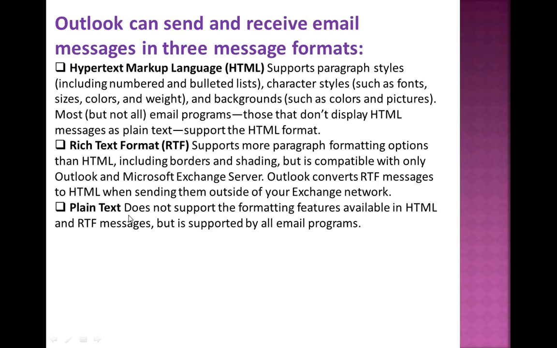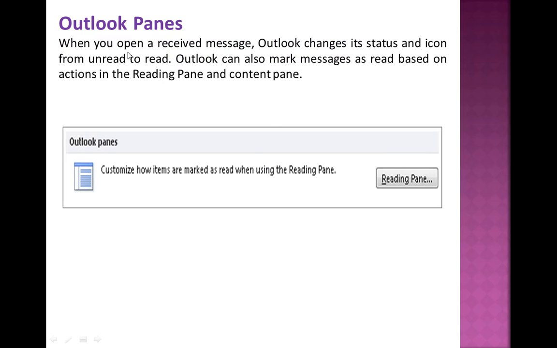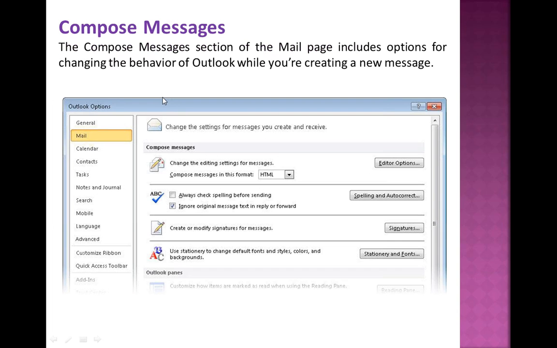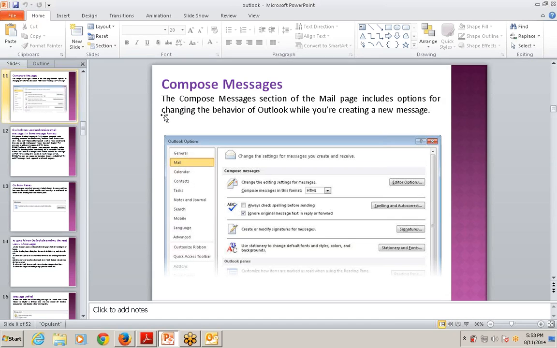Next is plain text. This does not support the formatting features available in HTML and RTF messages, but is supported by all email programs. So plain text is supported by all the email programs like Gmail, Rediffmail, Yahoo, and so on. So this is how we can change the compose mail. Now let's see in a practical way how to change the compose mail.